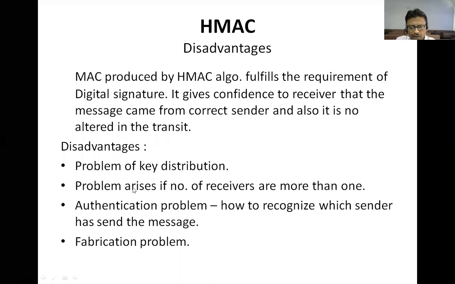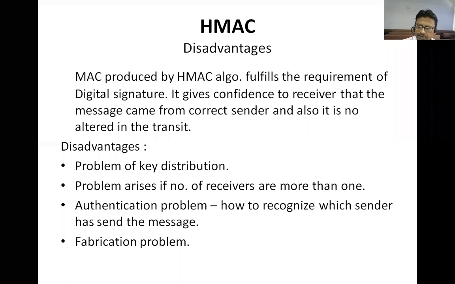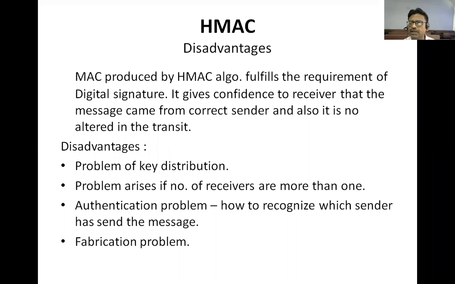Now, the second problem related to HMAC arises if the number of receivers is more. Suppose there is one sender and there are 4 receivers. Then every receiver has to have the shared symmetric key. Otherwise, if a sender is sharing the same secret key with many people, it will be difficult to identify which one has sent.